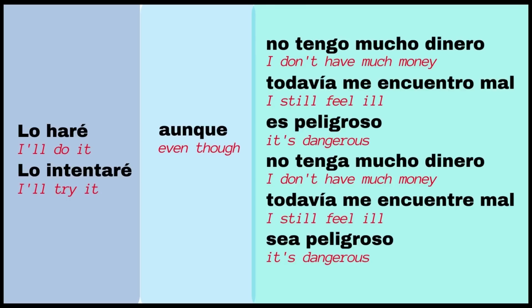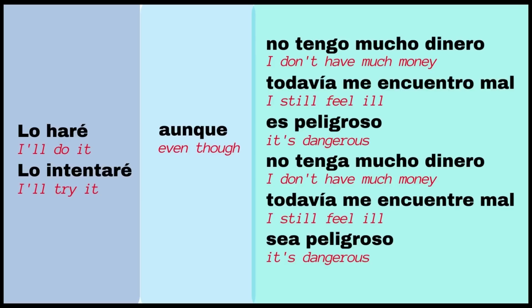Okay, so what we saw was that aunque is most commonly used for although, but it also means even though. And when it means this, we just use the normal indicative. So, no tengo mucho dinero. Todavía me encuentro mal. Es peligroso.